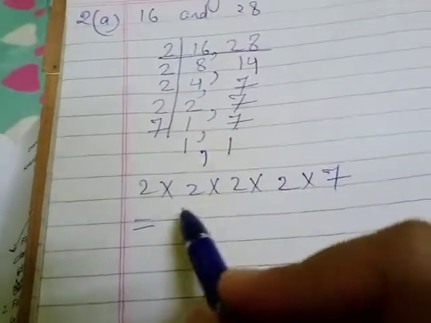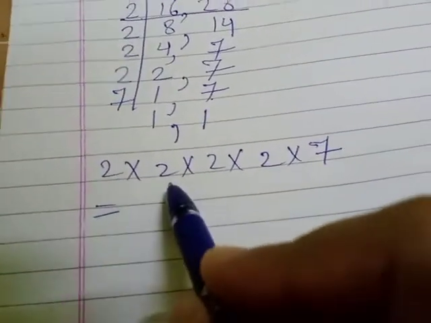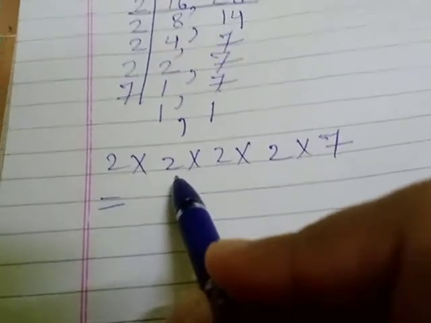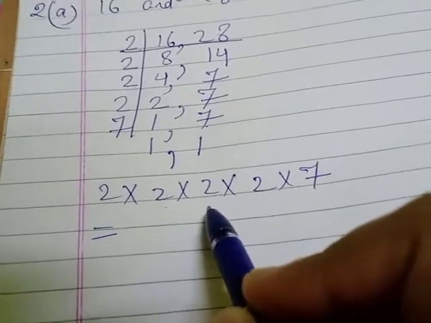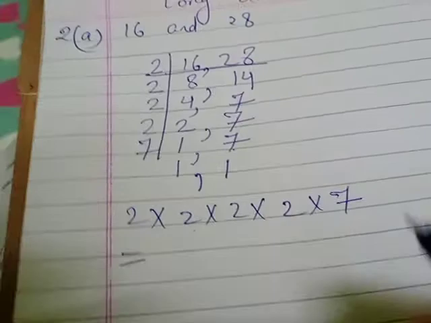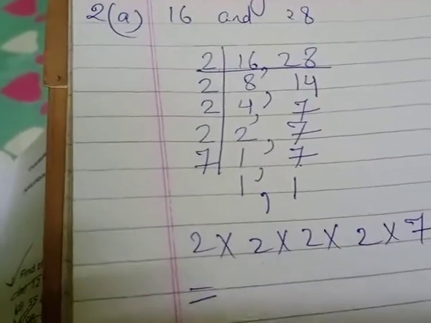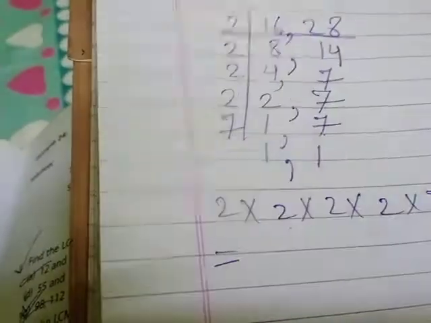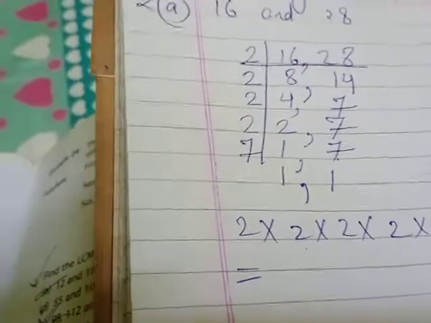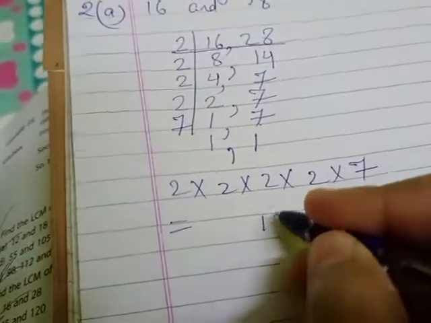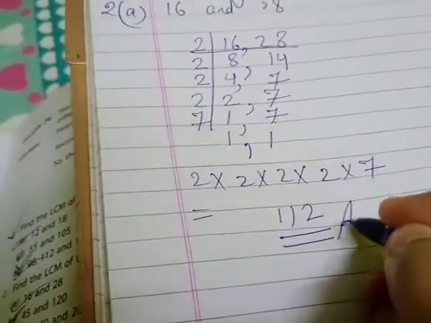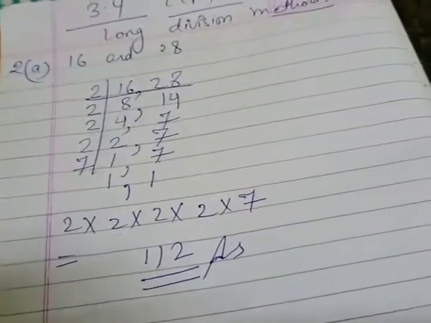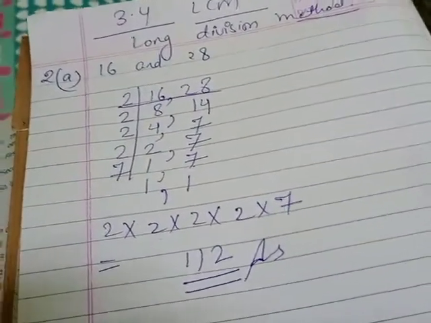How to find? Pay attention. 2 2s are 4, 4 2s are 8, 8 2s are 16, and then that 16 we have to multiply with 7. 112. Clear? Like this we find the LCM using the long division method.